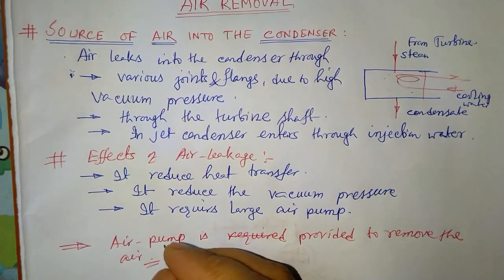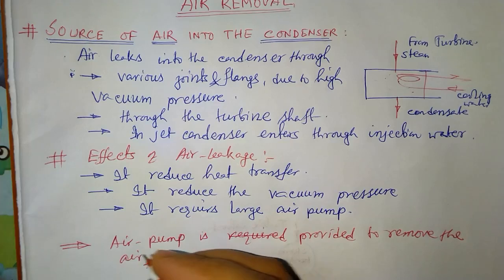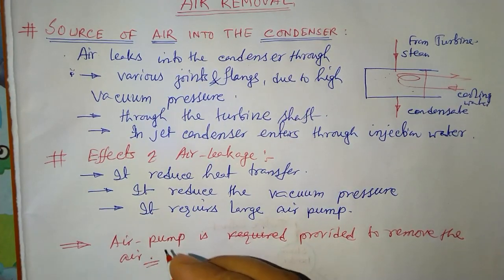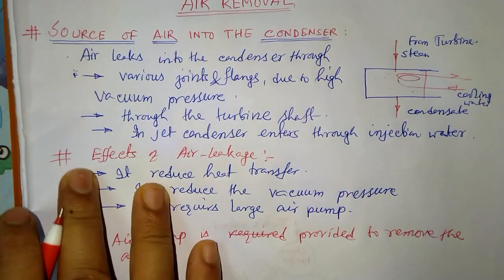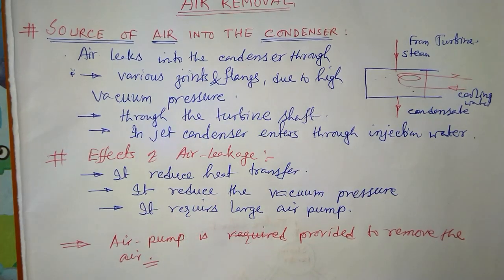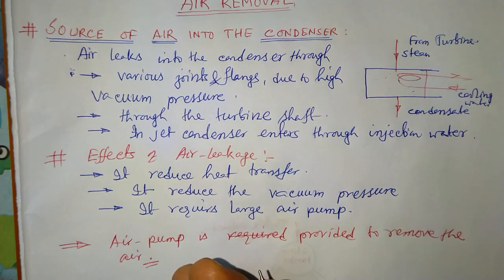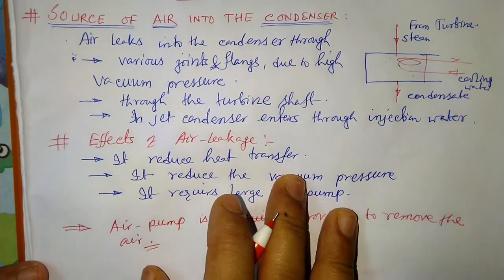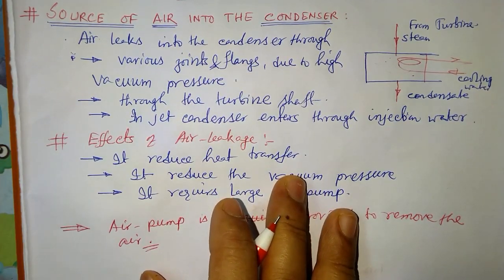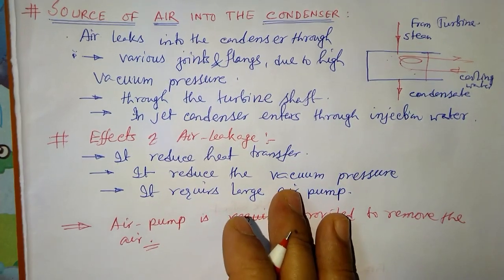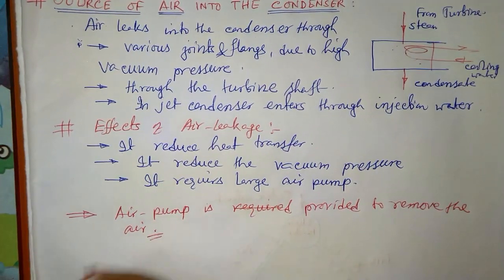Sometimes the air pump removes only air, or sometimes it removes air as well as condensate, so for both purposes this pump is used. So this is how air leaks into the condenser, what the effects will be, and how we can remove it. By using an air pump we can remove the leaked air. So this is all about air removal, and how air comes into the condenser.